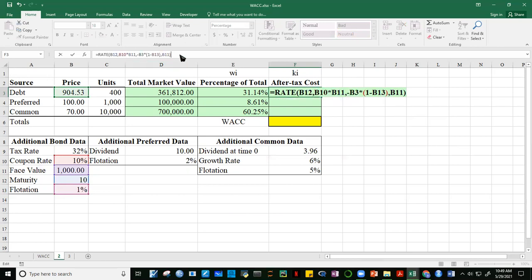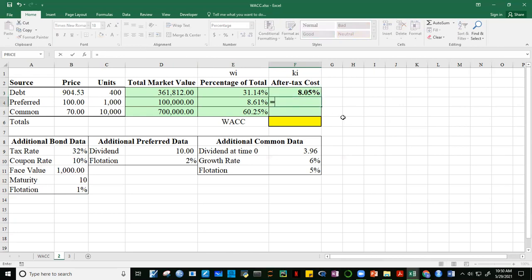We need to multiply by 1 minus the tax rate, because it should be after tax. The tax rate is 32%. So this is the after-tax cost of debt. After getting the cost of debt, we subtract the tax effect. So that's your cost of debt, 805.